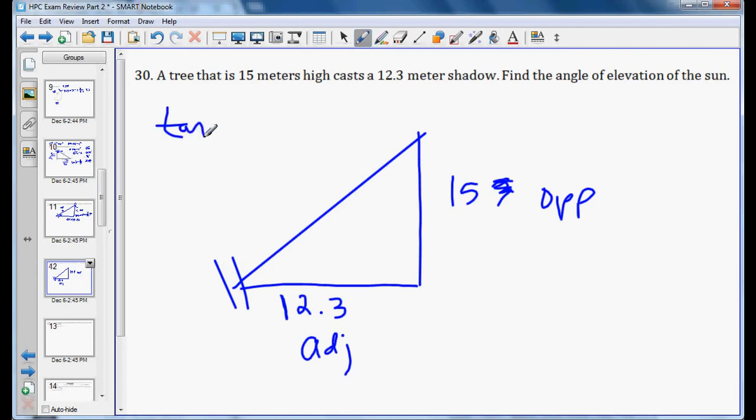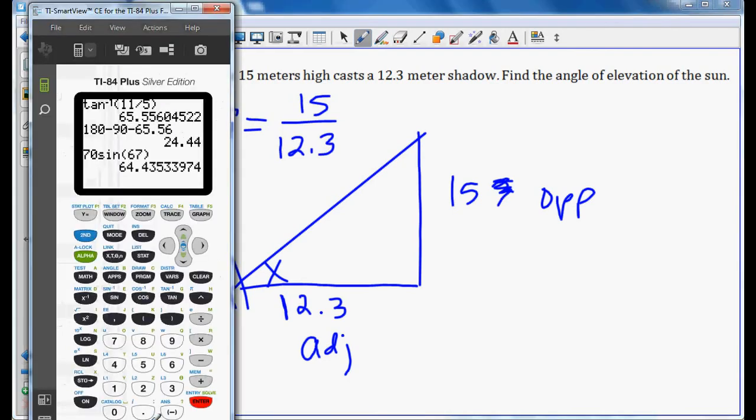So we'll do second tangent, arctangent, of 15 over 12.3. That tells us that the angle of elevation is 50.648 degrees.